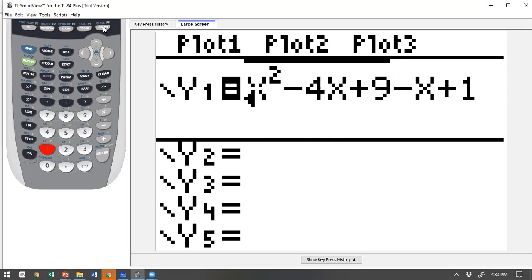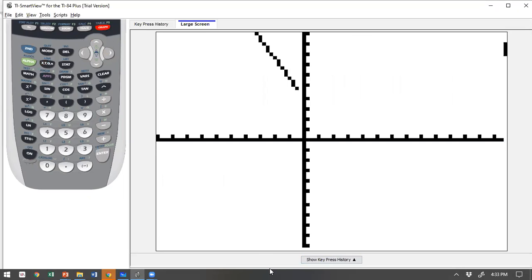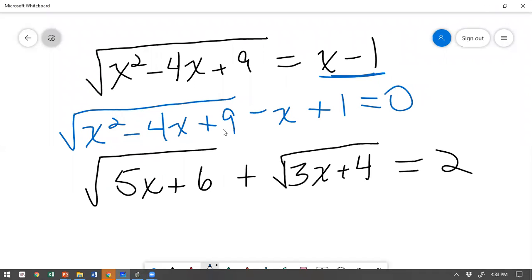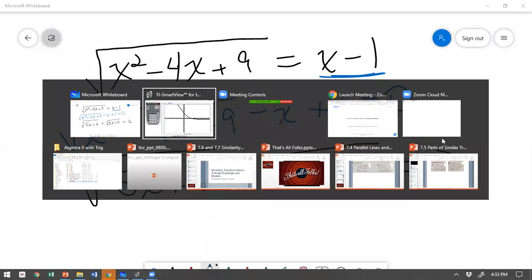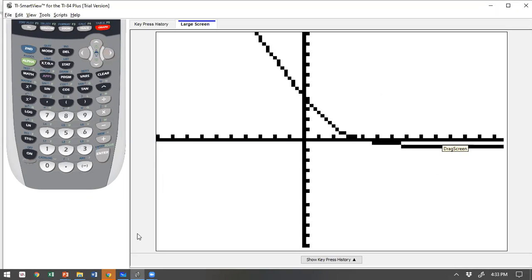Now I want to graph this. So go ahead and hit graph, and now you have a single graph. When I trace this, I want to find where it equals 0. What value of x makes the whole expression equal to 0?